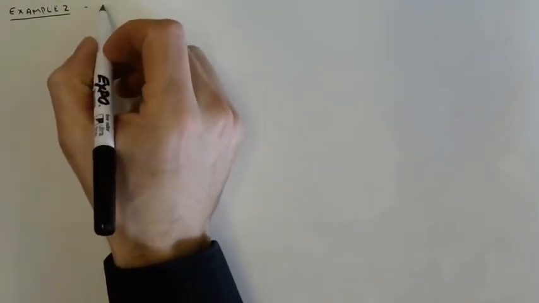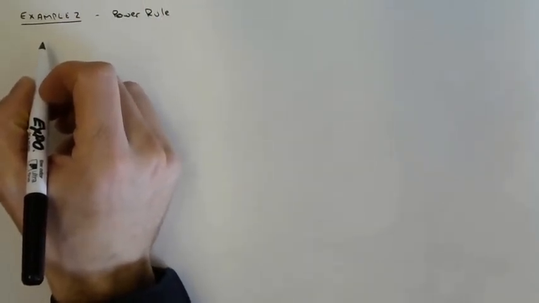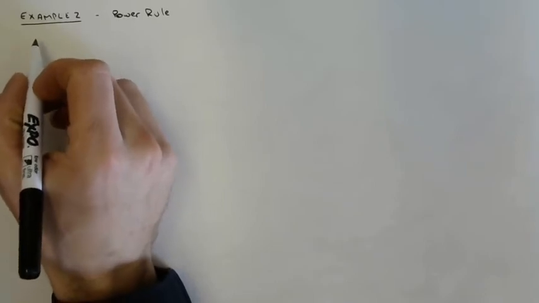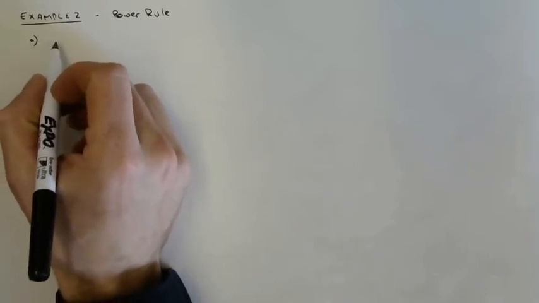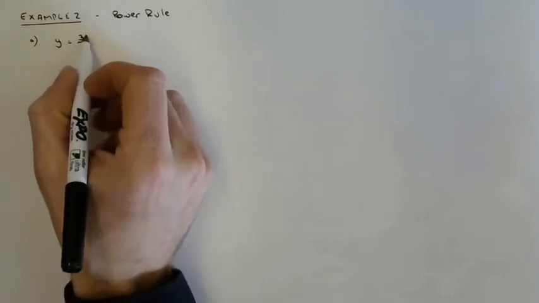That takes us to example 2. In example 2, we're just applying the power rule. So we have polynomials with one term, and we're going to find the derivative of each. So in the first one, we're given y equals the cube root of x.